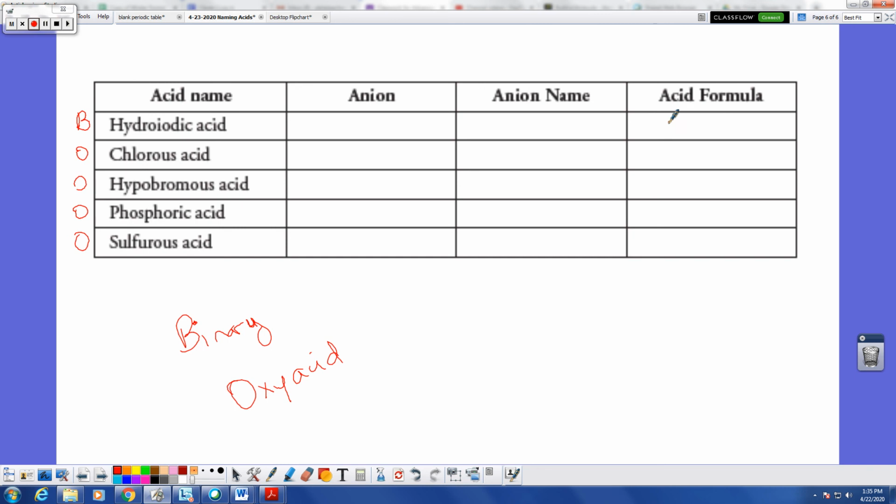Our acid formulas, they're all going to start with H. I'm just trying to think through what would be easiest for you, because you can't necessarily go straight across. That's not going to be the easiest thing to do. We know that this one, hydroiodic, is going to be HI because it's just the halogen. So this is going to be I minus, and this is going to be iodine.